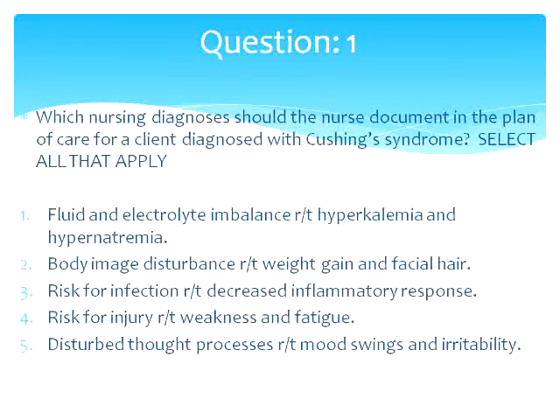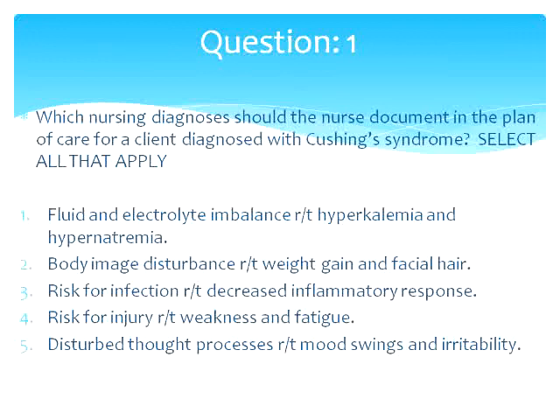All right, question number 1. Which nursing diagnosis should the nurse document in the plan of care for a client diagnosed with Cushing syndrome? Select all that apply. Fluid and electrolyte imbalance related to hyperkalemia and hypernatremia.